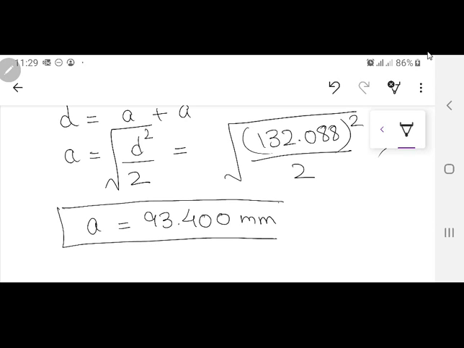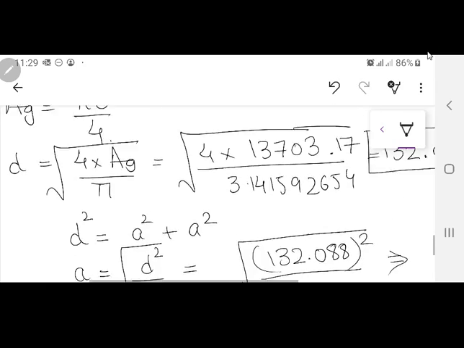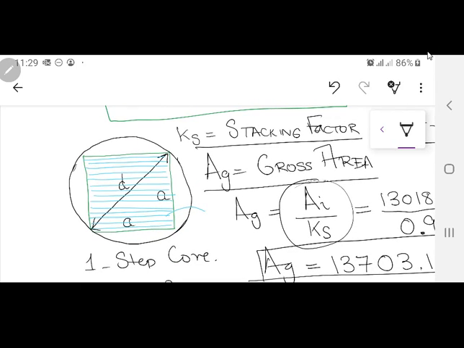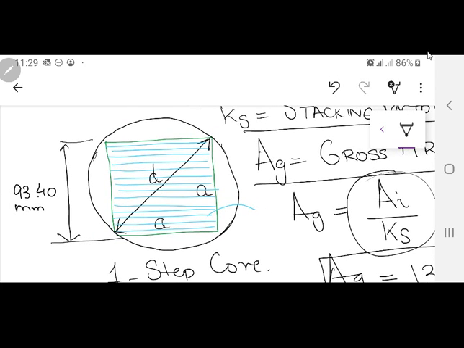Now what is this value? A is equal to 93.40. If I go back to my single stage, this means that this length is 93.40. Now, it's not part of this design, it's actually a different design, but let me give you an idea. If I have 93.40 mm, how many laminations would be there?